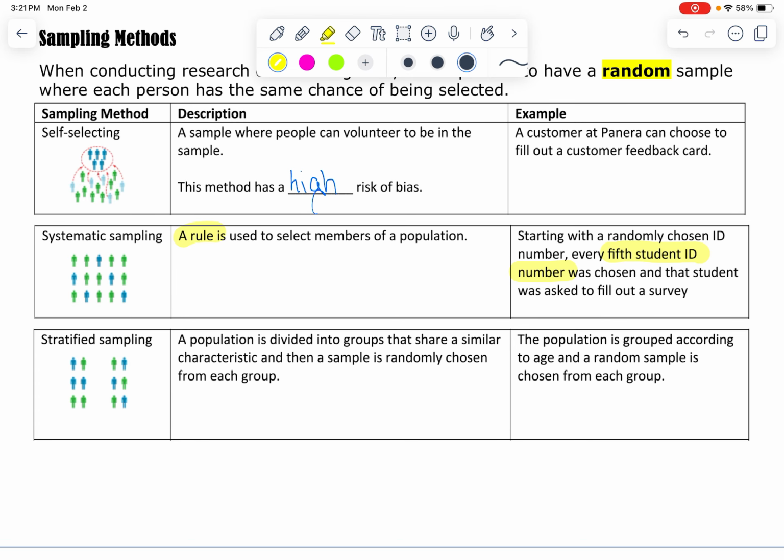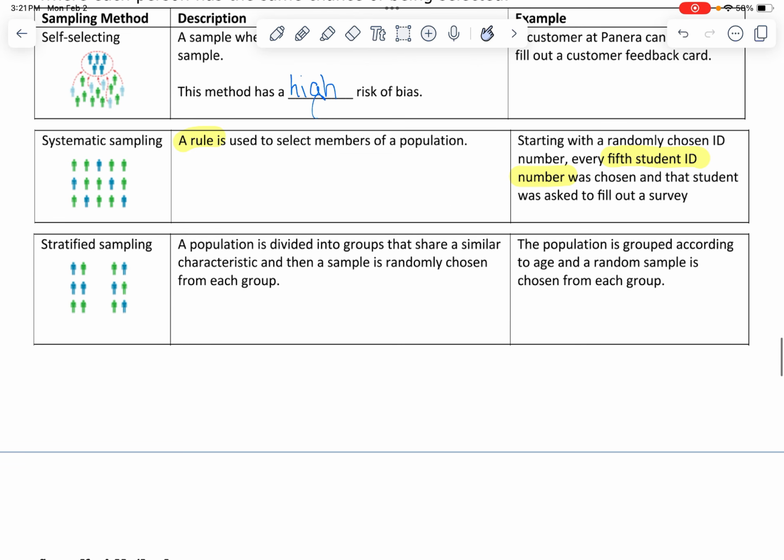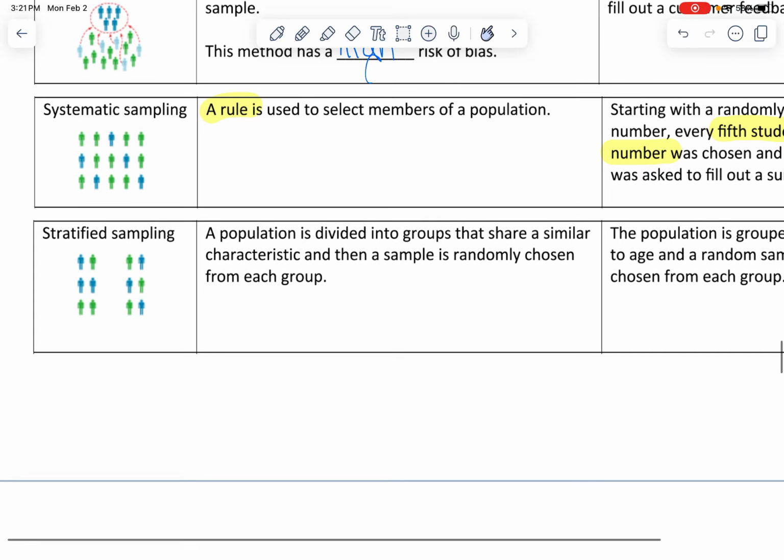Another way is something called stratified sampling. Now, the stratified is a population is divided into groups that share a similar characteristic, and then a sample is randomly chosen from each group. So let me give you an example. The population is grouped according to age, and a random sample is chosen from each group. So in this case, that similar characteristic would be age. So let's summarize.